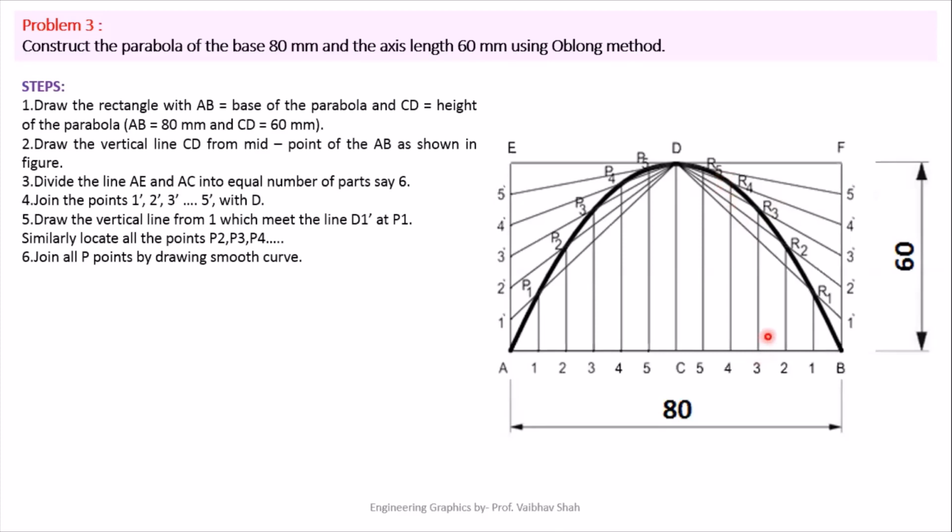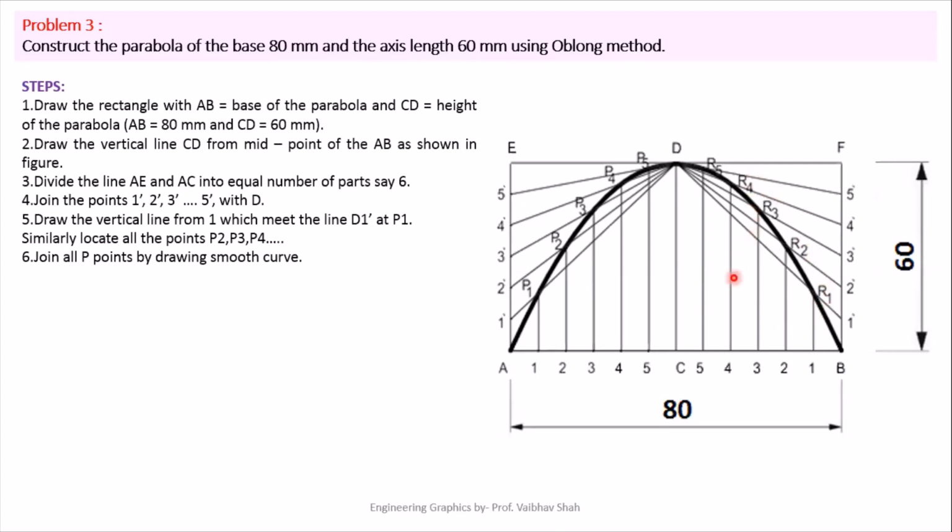You have to draw vertical line from 3 to intersect this 3 dash line. You have to draw vertical line from 2 to intersect this 2 dash line. And similarly, we have to draw vertical line from 1 to intersect this 1 dash line. After finding this intersection, we'll be marking these points as R1, R2, R3, R4 and R5, which are the respective points on the line 1 dash, 2 dash, 3 dash, 4 dash and 5 dash.